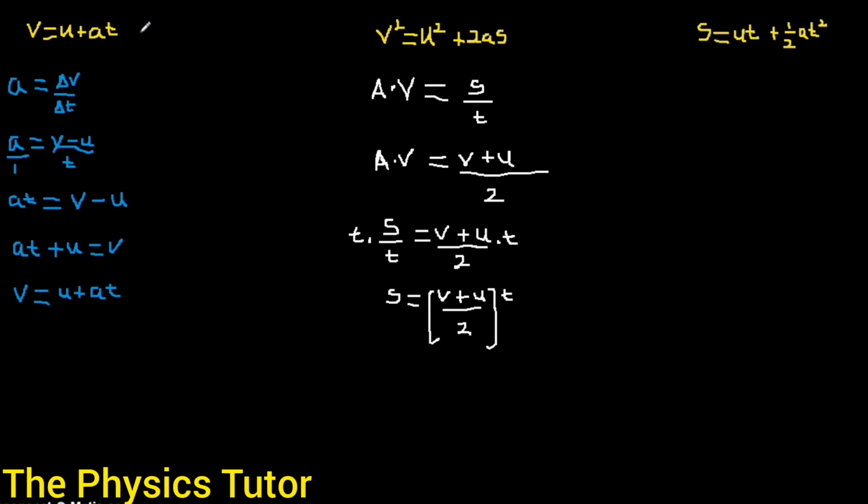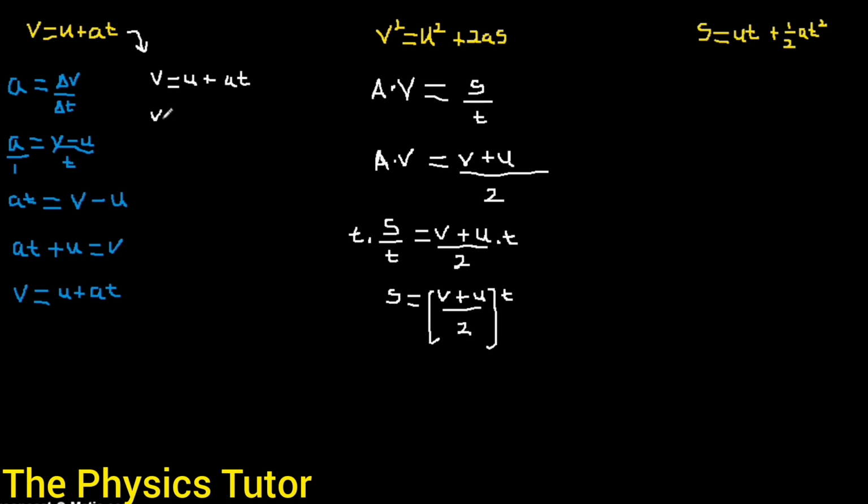Now, if you look at this equation, the only quantity that is missing is the time. Therefore, we have to make t the subject. I have v is equal to u plus at. To make t the subject, I have to subtract u on both sides.